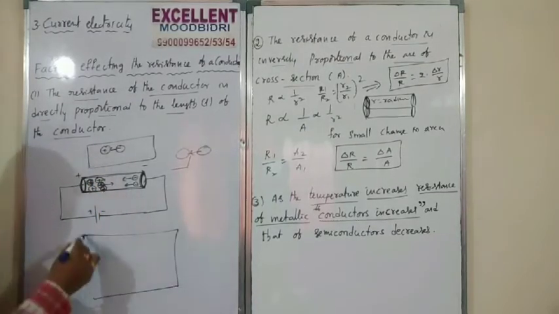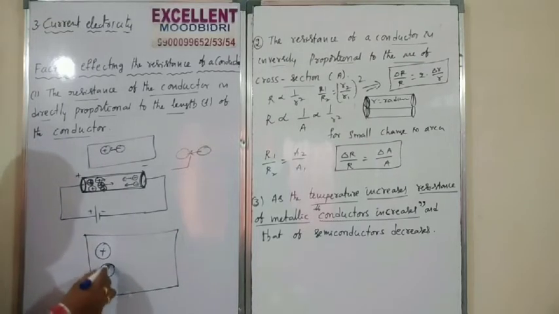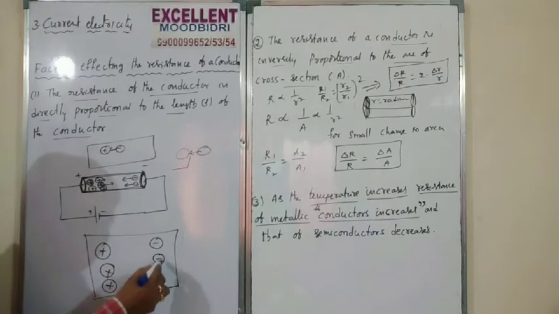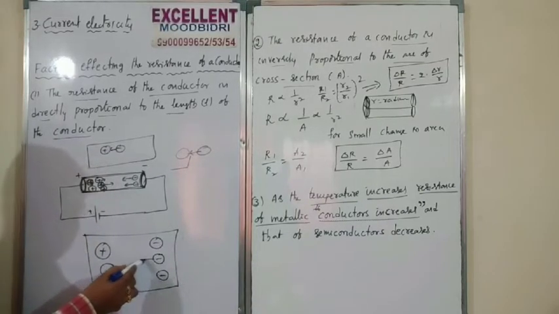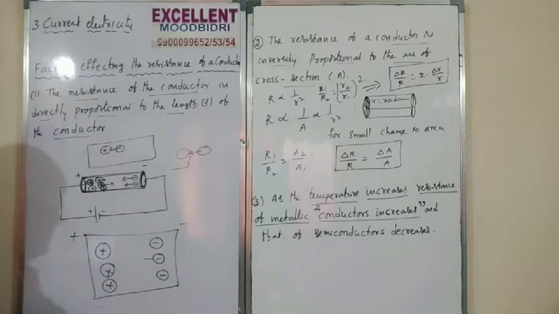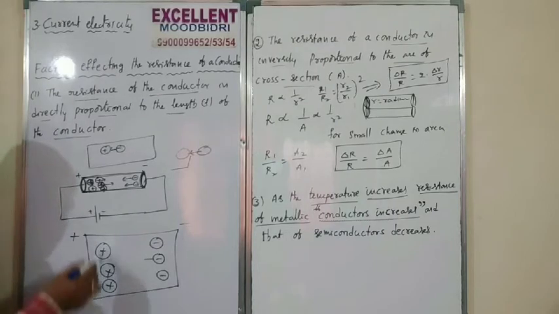For example, here positive ions will be there. Here negative ions will be there. Negative ions want to reach this positive terminal, and positive ions can reach the negative terminal. That is the situation, the flow of charged particles. So the vibration increases.